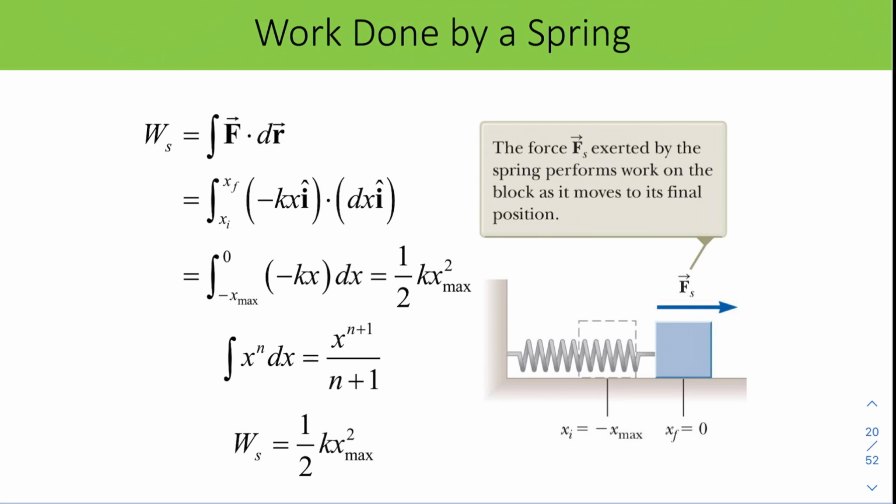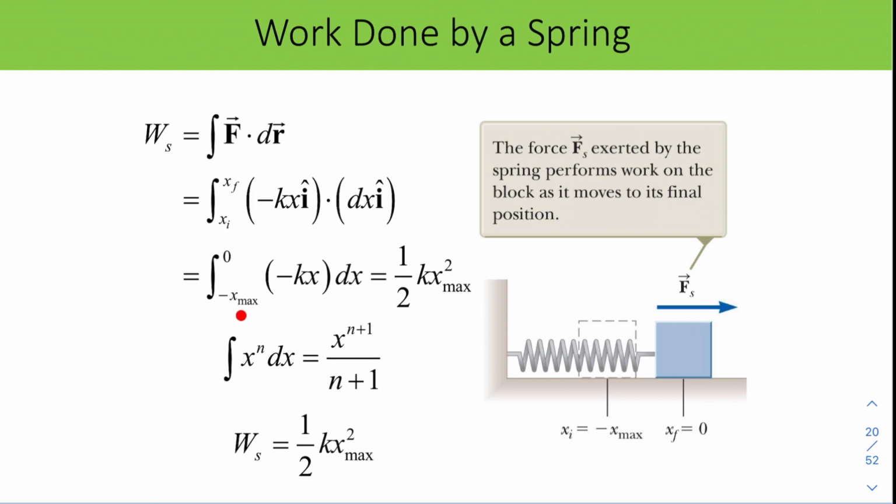So if we see here, our Fs is negative kx i. Remember, work done is a scalar quantity, so the dot product is applied, dot dx i, for the situation given here, right?